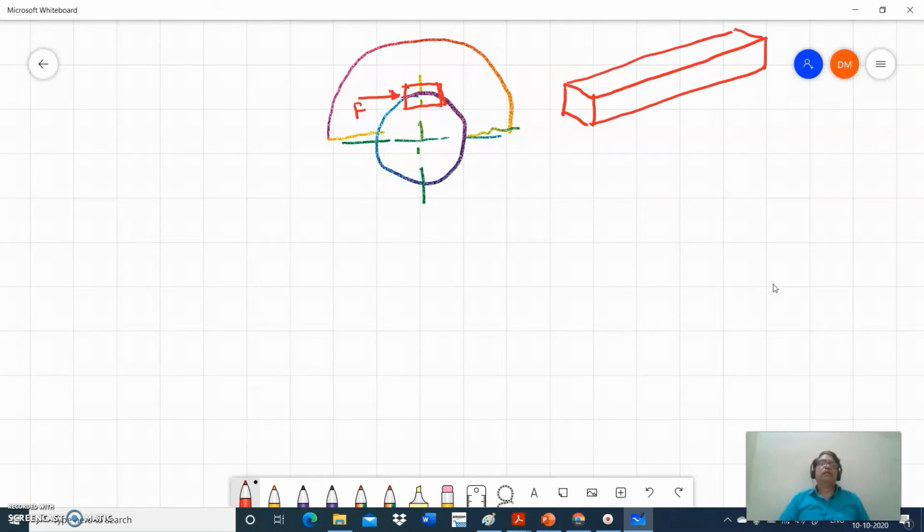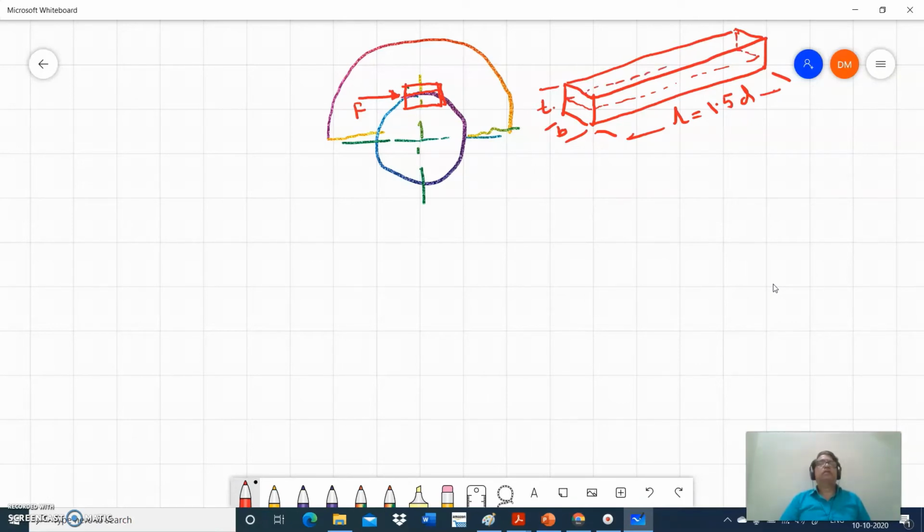Right? So this length is the length of the key, which is 1.5 times the diameter of the shaft, and this is the width, and this is the thickness. Now if it is a shear failure, you are going to get the failure along this surface, right?